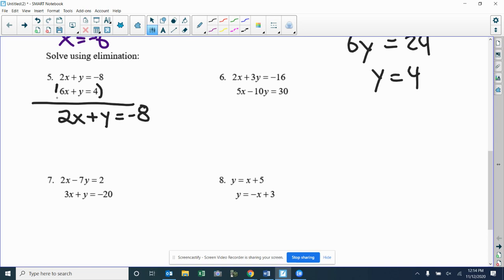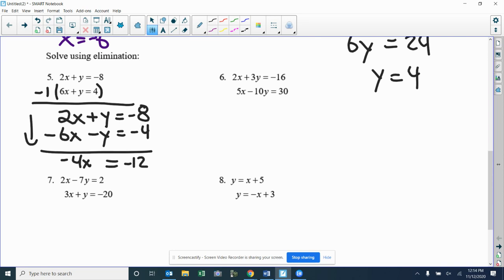We're going to take this bottom one and multiply by -1. So we're going to get -6x negative y equals -4. Now we're ready to add straight down. We get -4x, eliminate the y's, equals -12. Divide by -4.